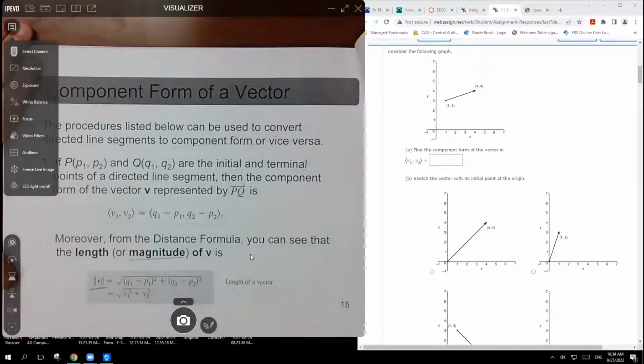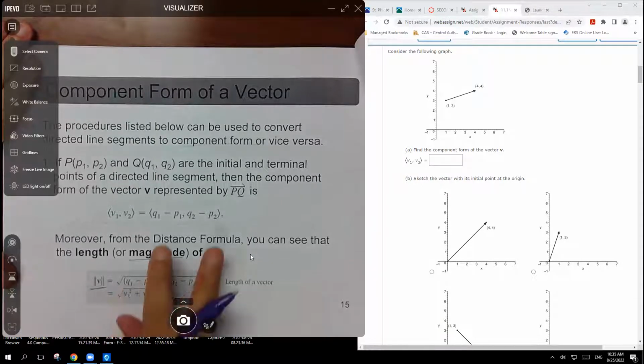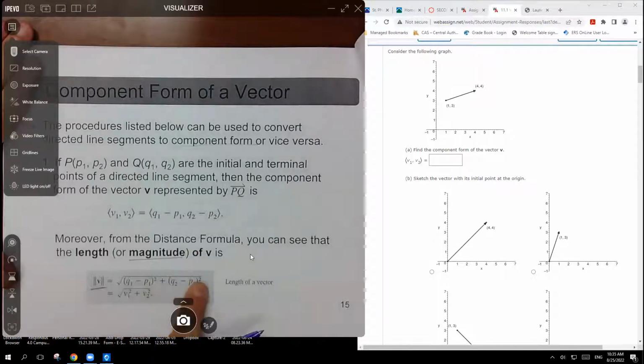Every time you see these two lines with the vector, it means the length. It's exactly like the component form: Q1 minus P1 squared, Q2 minus P2 squared. If they ask you to find the length of the vector, you have to use this formula.